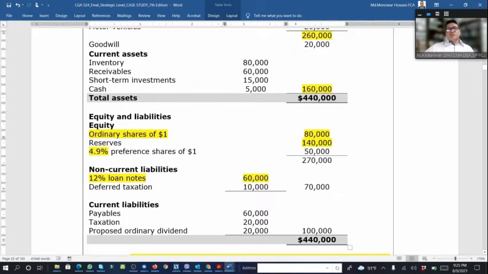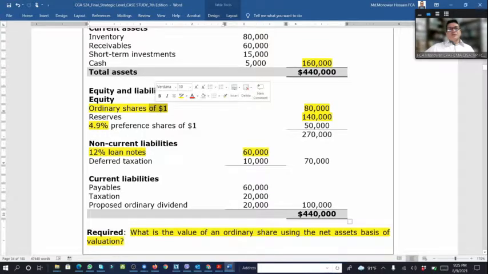If we divide the net asset value of equity, 2 lakh, by the number of shares, 80,000, then we will get the value per share, which is $2.50, though its face value is $1. Look here, it is $1, but when we calculate it in valuation, then the per share value is $2.50.